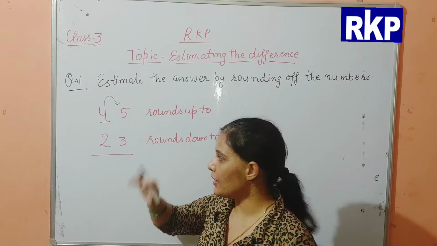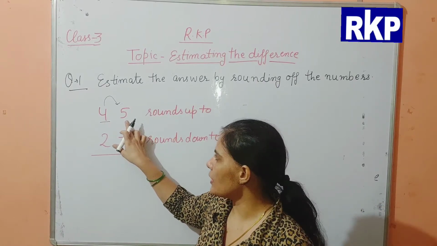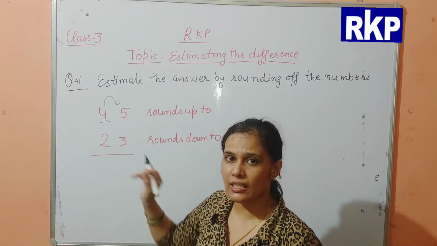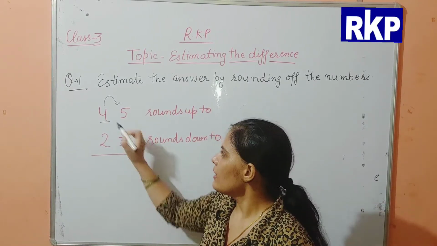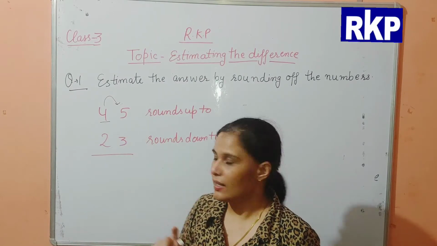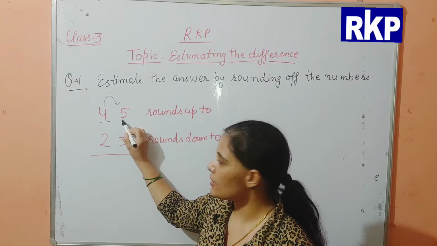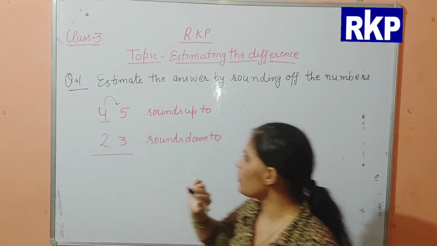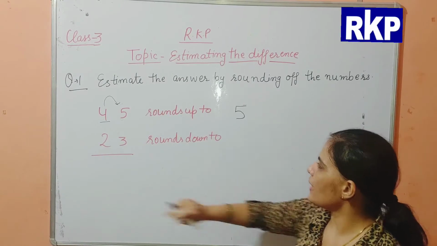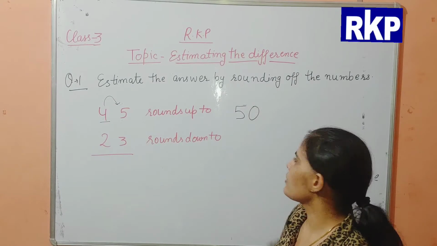If the digit to the right of the tens place is greater than or equal to 5, then you will increase the tens place by 1. You can see here this digit is 5, that means it is equal to 5, so increase this number by 1. It becomes 5 at the tens place, and at the ones place it becomes 0.